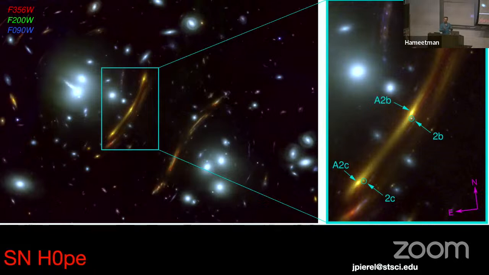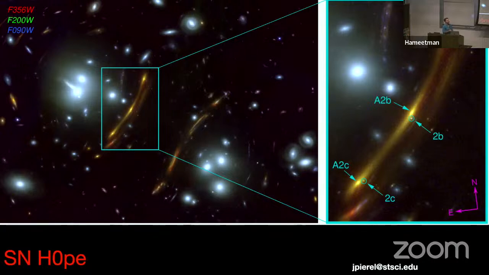We just happened to take an image when all 3 images were visible at the same time. And you can visually see the time delay happening here, because these 3 images of the galaxy look pretty much the same, so there's relatively the same magnification, but yet this image is much brighter than this image, and this one's sort of in the middle.